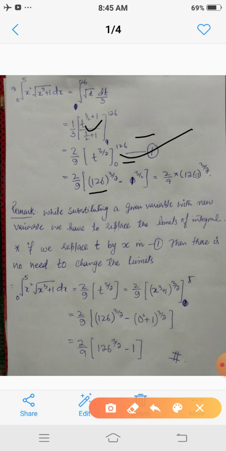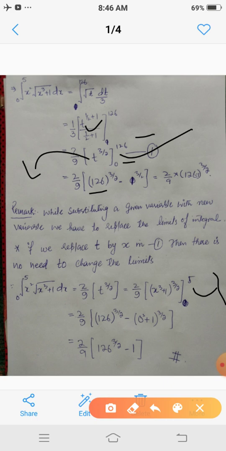But here if you replace t back in terms of x, then this becomes 2 by 9 into x cube plus 1 whole raised to power 3 by 2, because t is x cube plus 1. Now here the variable is x, so we have to use the limits of variable x. Limits of variable x are 0 and 5, so we use 0 and 5 as the limits.